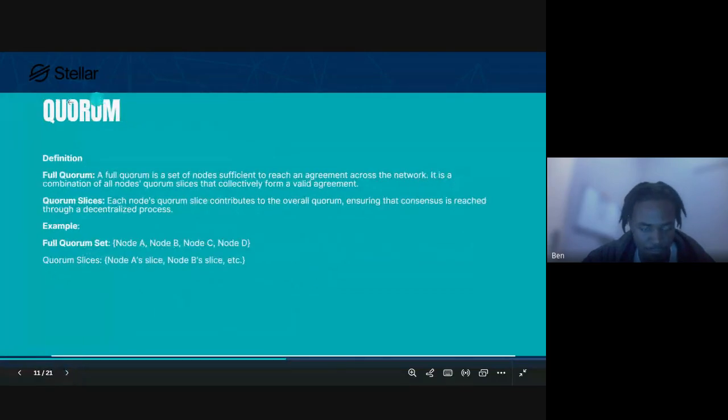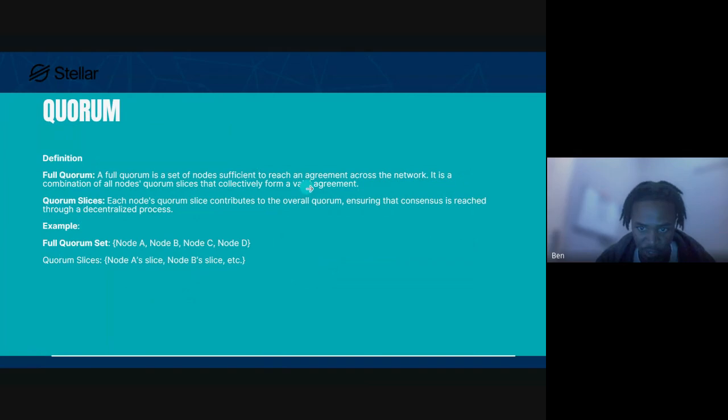And back to quorum, we understood that there is a full quorum. The full quorum is a set of nodes sufficient to reach an agreement across the network. It is a combination of all node quorum slices that collectively form a valid agreement. So this is a combination of different slices from different nodes.